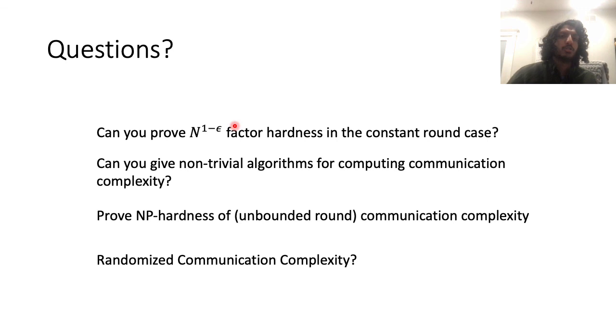I think there should be some non-trivial algorithms for it. Finally, there's the original question we started with, which is: is unbounded round communication complexity NP-hard? And then there's also the question of randomized communication complexity. We just talked about deterministic communication complexity. What about the randomized case?